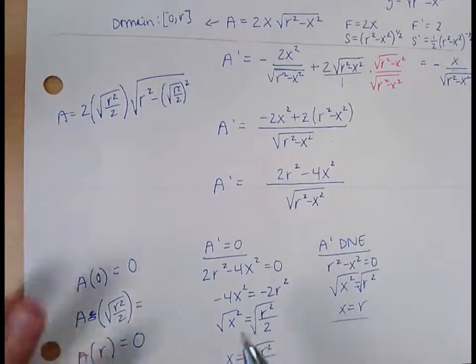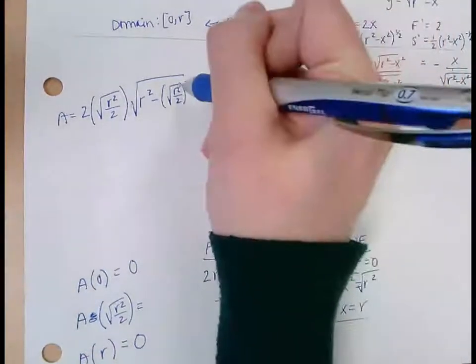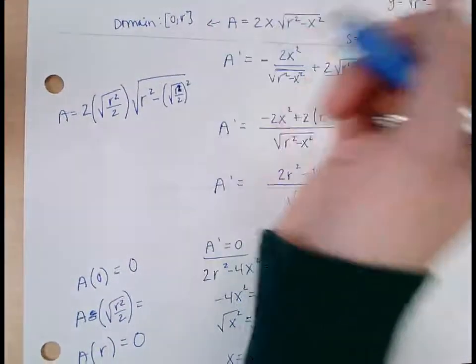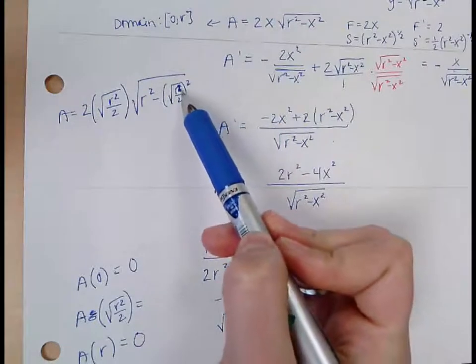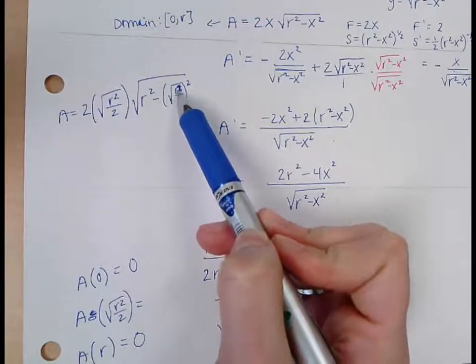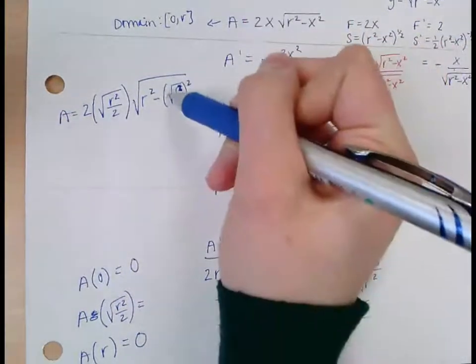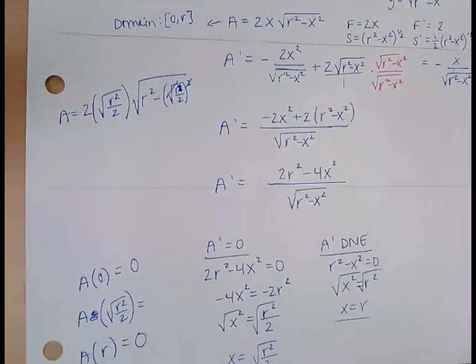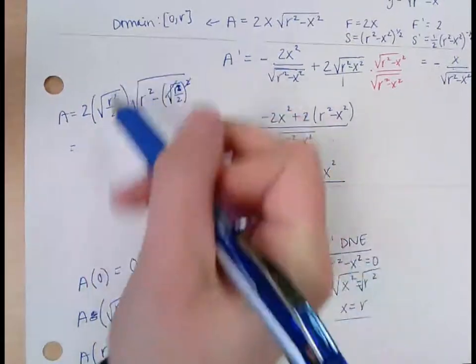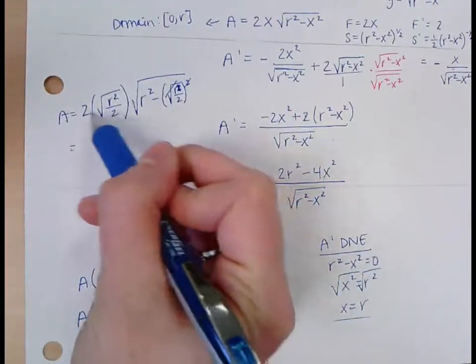Then you simplify it. When you have the square root of r squared over 2 squared, that square and square root cancel.